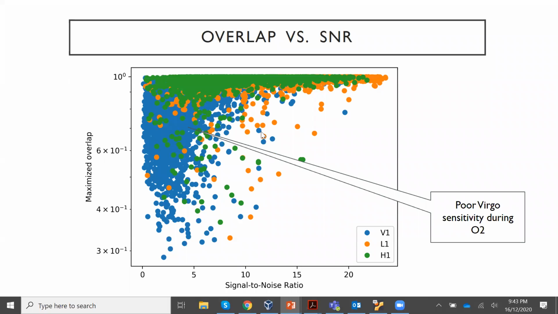But for Virgo, it is quite poor, and that again is because of the poor Virgo sensitivity during O2. You can see here that almost all the events are lying between SNR 0 and 5, and it is extremely difficult for the autoencoder to reconstruct the pure waveforms from such noisy signals.